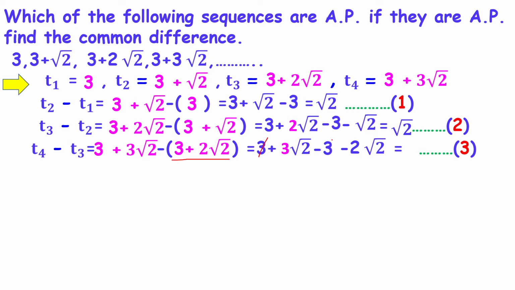Here plus 3 and minus 3 are cancelled out. 3 root 2 and minus 2 root 2 are like surds. Therefore we subtract their coefficients. The coefficient of the first surd is 3 and that of the second surd is 2. 3 minus 2 is 1. That means 1 into root 2 means root 2.